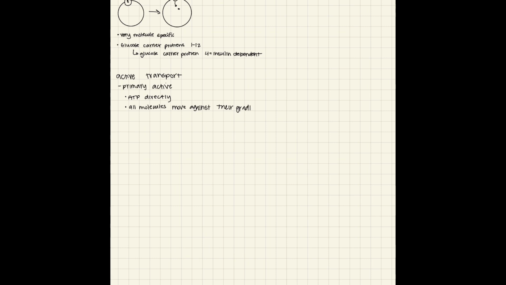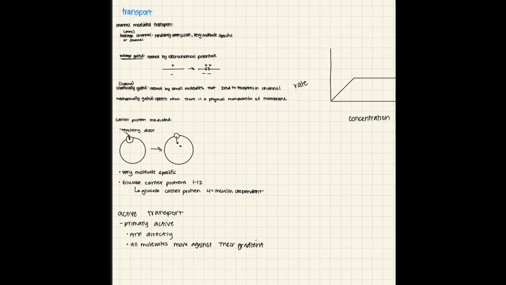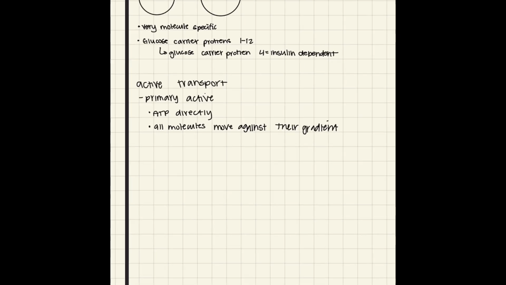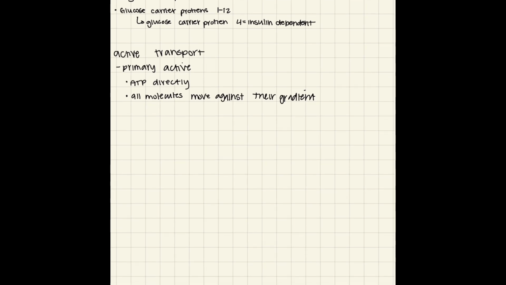I guess I forgot to mention that in diffusion, all of these molecules are moving with their gradient. So in channel-mediated transport and carrier protein-mediated transport, all the molecules are moving with their concentration gradient, high to low. In active transport, we're pushing molecules against their gradient. An example of primary active transport is the sodium-potassium pump.